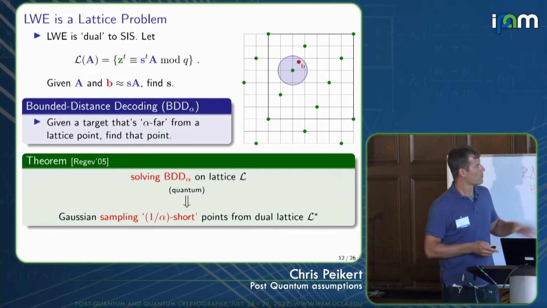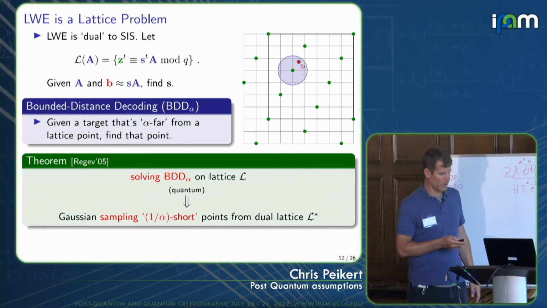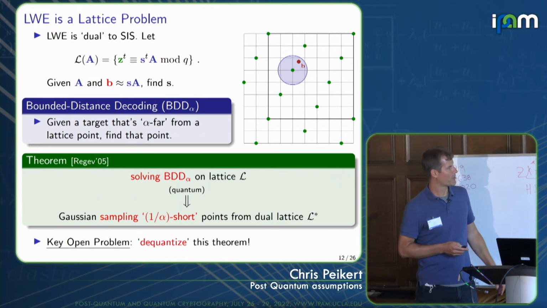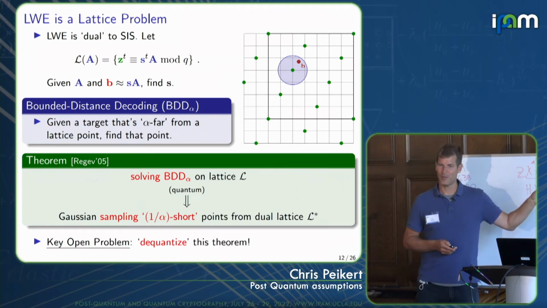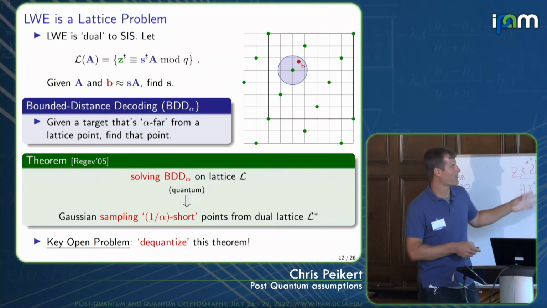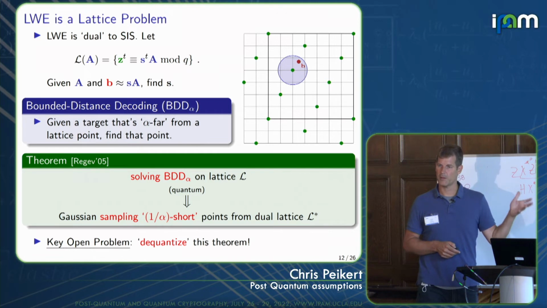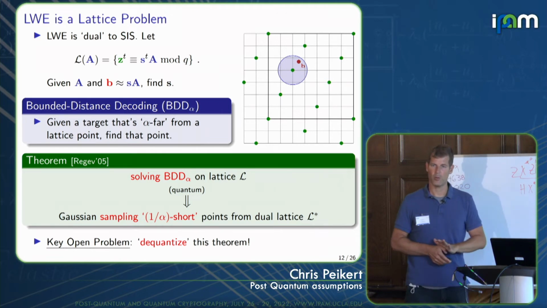Okay, so the reason I bring this up is it's probably my most favorite and insanity-inducing problem, which is to dequantize this theorem if you can. Okay, this step is inherently quantum, but if we could come up with a classical procedure that did the same job, we will have kind of solved the most important open problem related to LWE, I think.